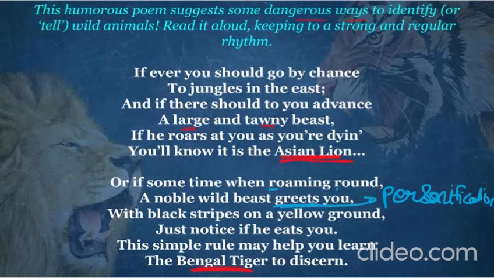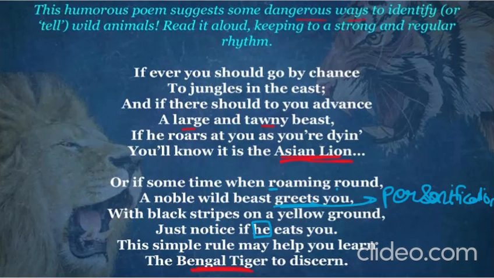And if he eats you is again personification, because a tiger is not a he, it is an it. He is for humans, animals are it. Those are some of the poetic devices.